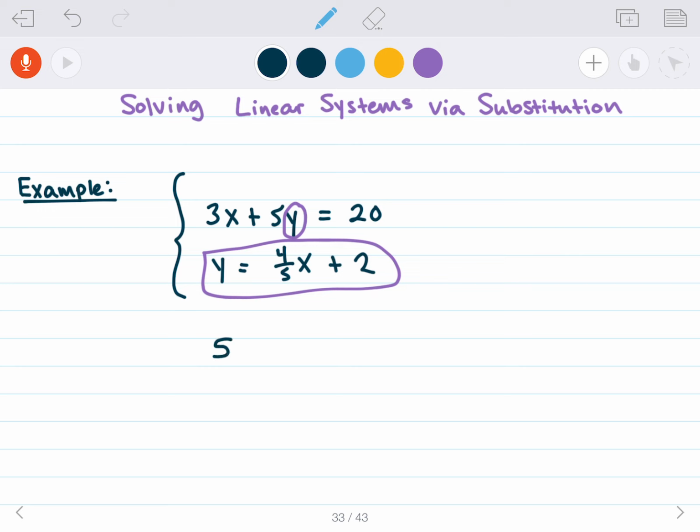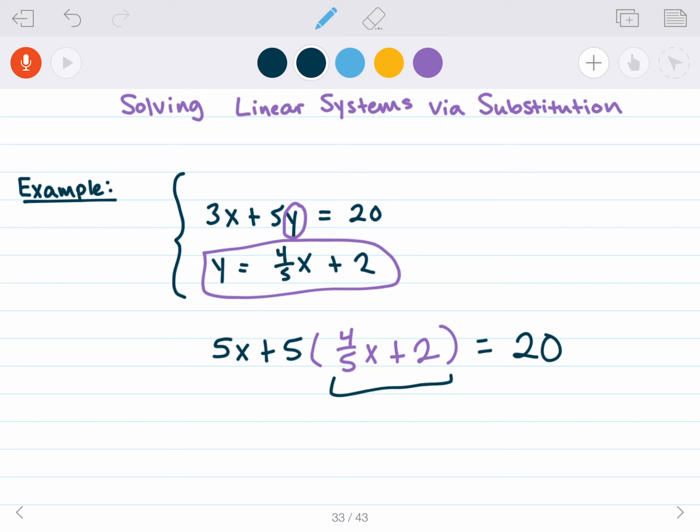So I'm going to plug in y into my first equation. What I'm plugging in for y is 4/5 x plus 2, keeping everything else the same. So I plugged my second equation, the value of y, into my first equation.